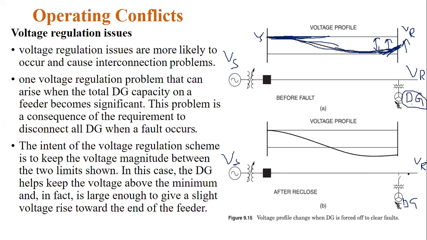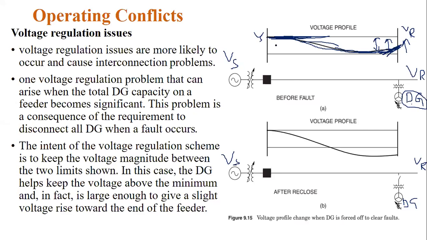But suppose, due to some additional factors, some external faults or external impacts, DG is suddenly disconnected from this system, from this line. What will happen here? You understand?